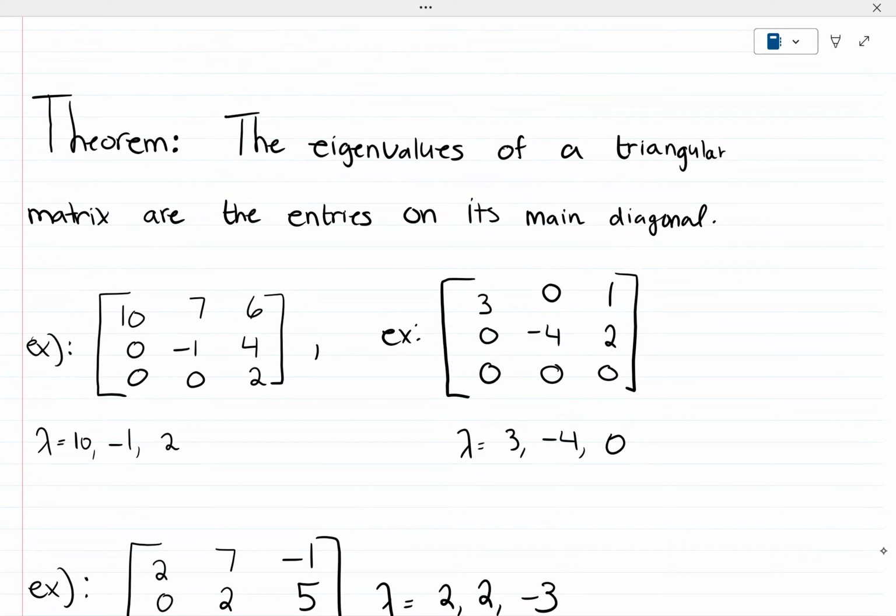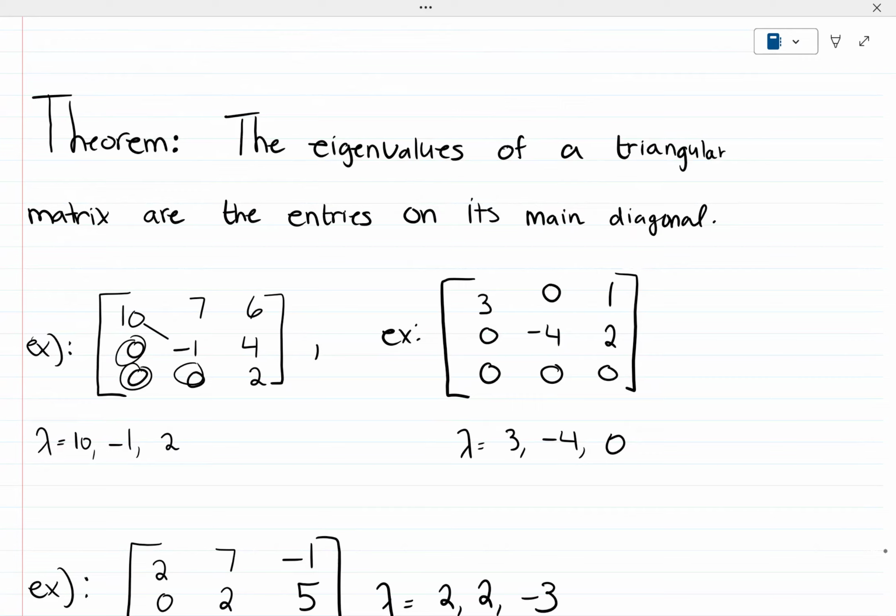So for example, this 3 by 3 is definitely a triangular matrix. How do I know? Because these numbers are all zeros, right? And then you look at the diagonal: 10, negative 1, 2. So my eigenvalues are 10, negative 1, and 2.